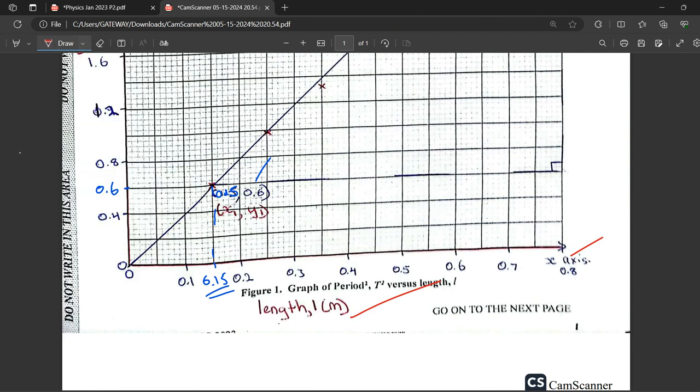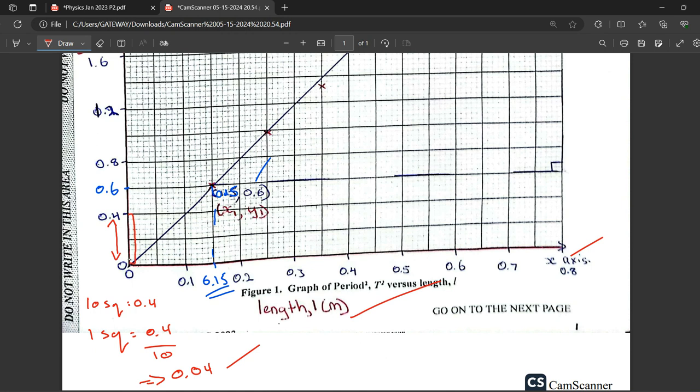Before I go on to that, some students have issues reading what one of the small squares in between is. If this is 0.4 here, and you have 10 small squares in between, 10 small squares is equal to 0.4. So one of the small tiny squares is 0.4 divided by 10, which is 0.04.